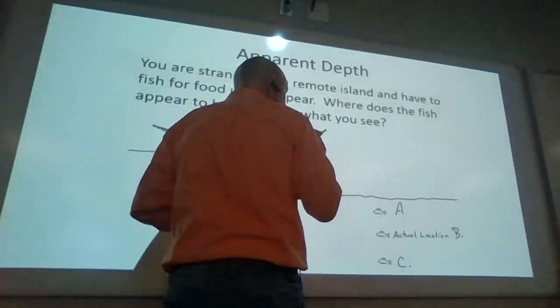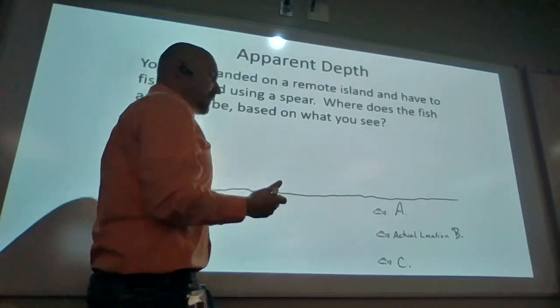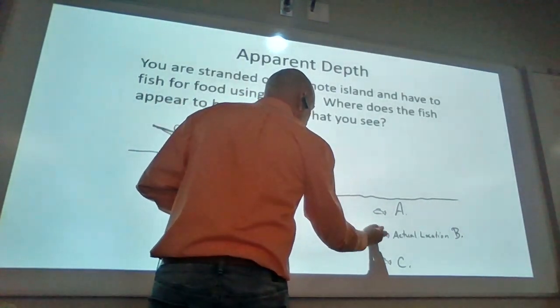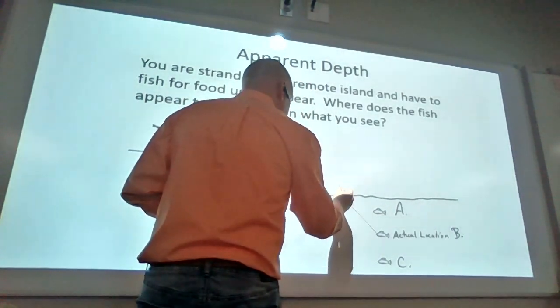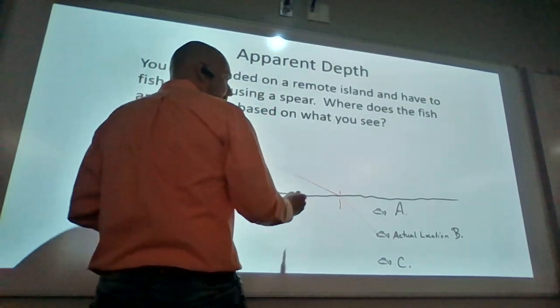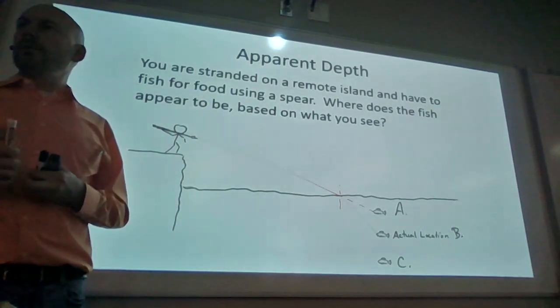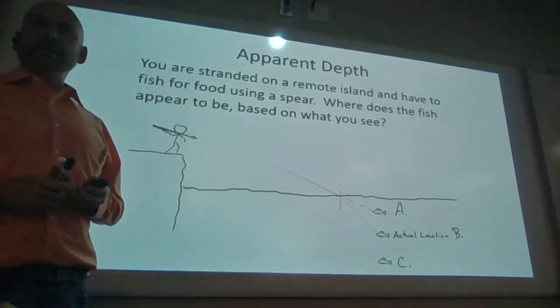Light comes, remember, your eyeball is the catcher, receiver of light, not the emitter. Light comes off the fish, refracts, bends away from the normal line. You think you see the fish on a straight line path. Right there.